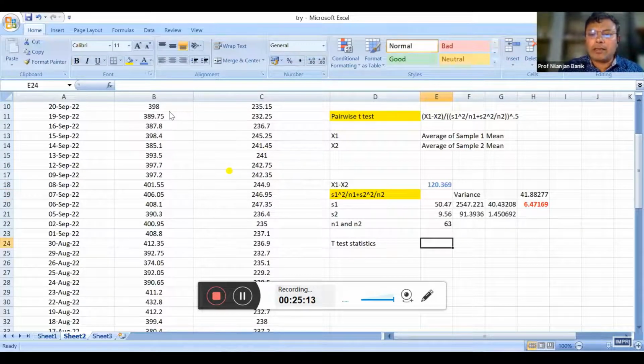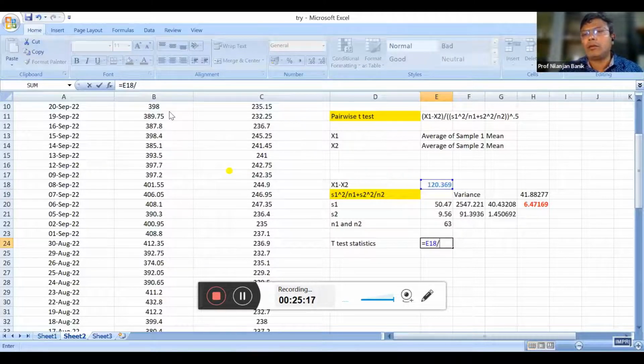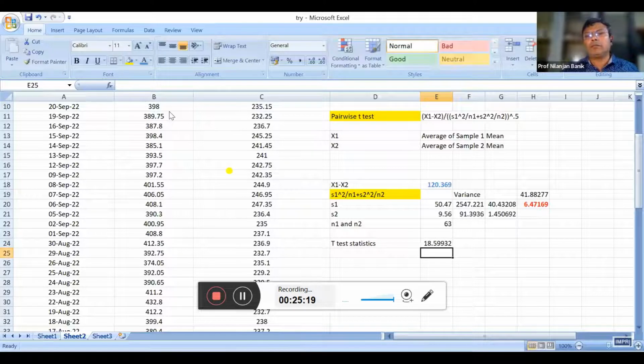So the test would be this over this. 18.59 is my t-test statistics. Now, what does it tell you? Let's open this up, because otherwise you will not get the fun part of it. My t-test statistics is 18.59.